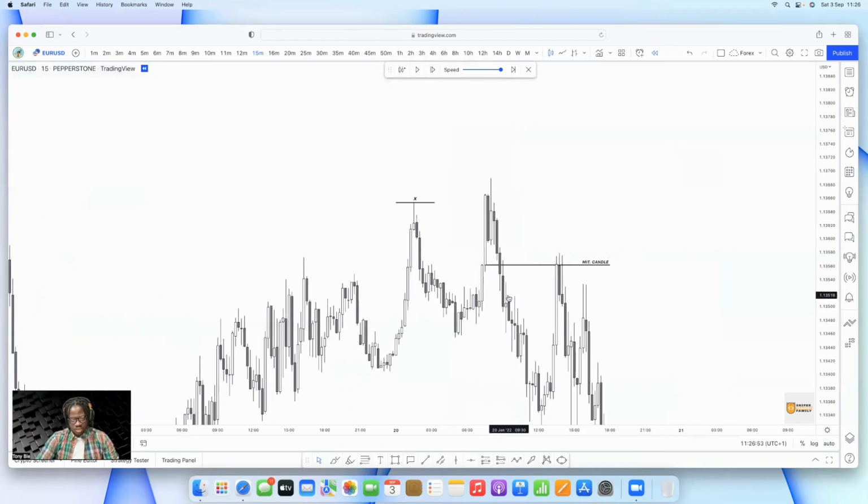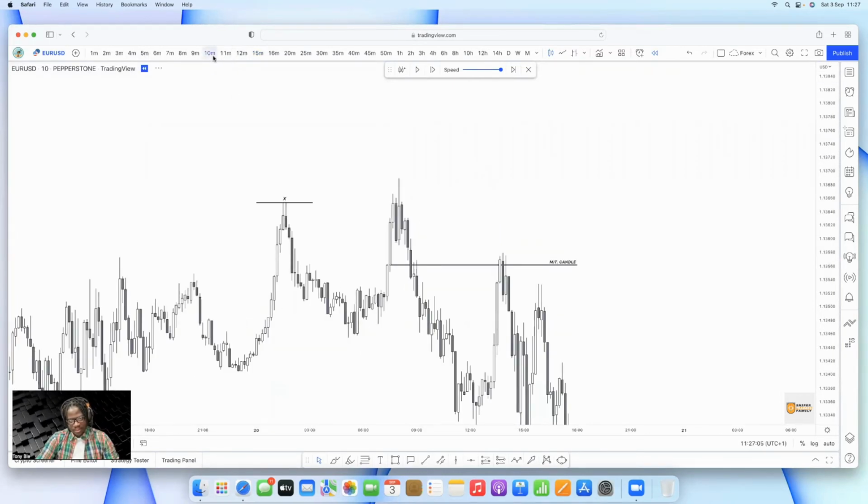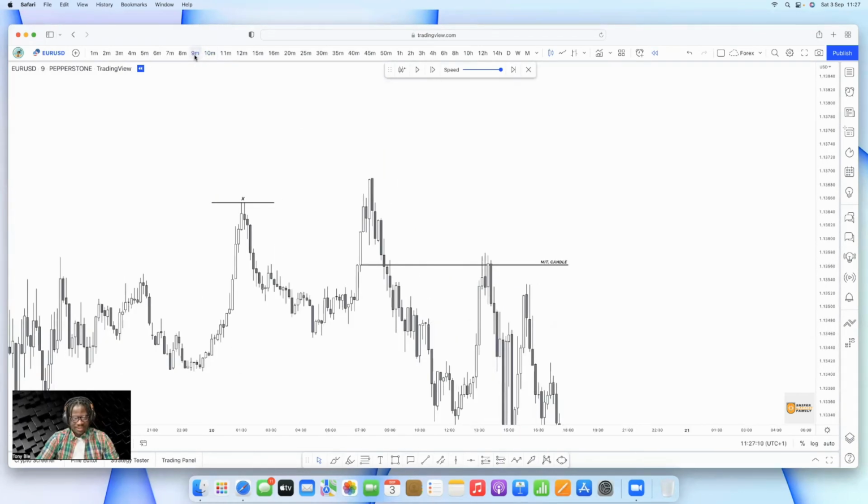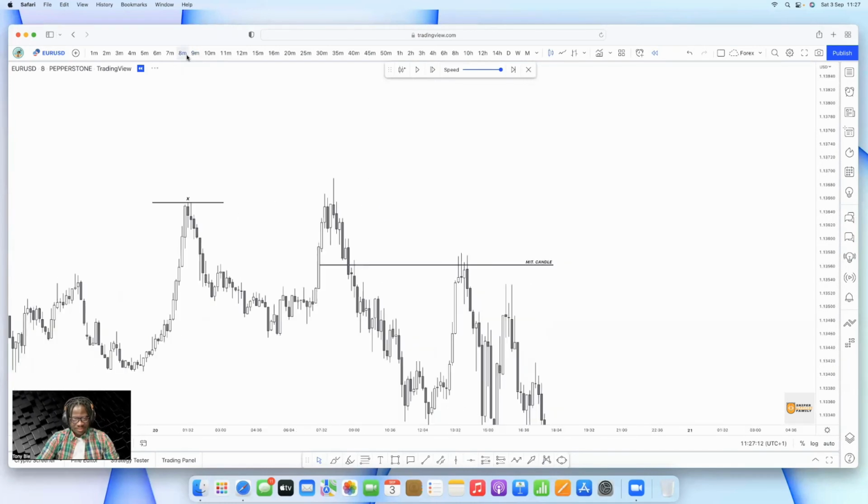This is the 15. I'm sure, looking at this consecutive down drop, 1, 2, 3, 4, it must have created an imbalance. But I don't want to go to 5 minutes, I won't have the data anymore. So let me see 10, maybe 9, 8.